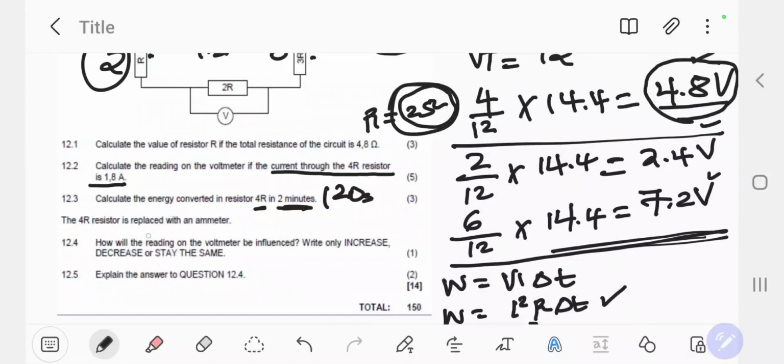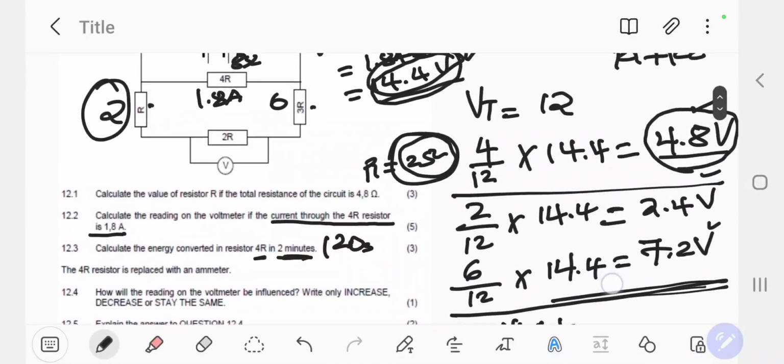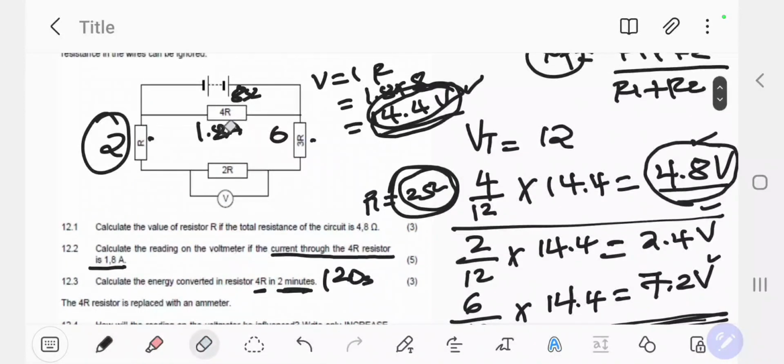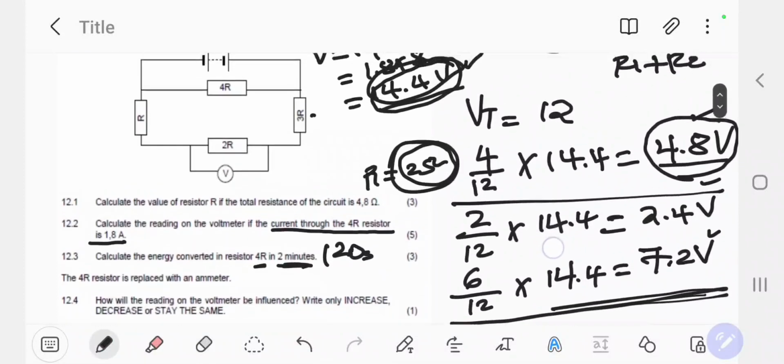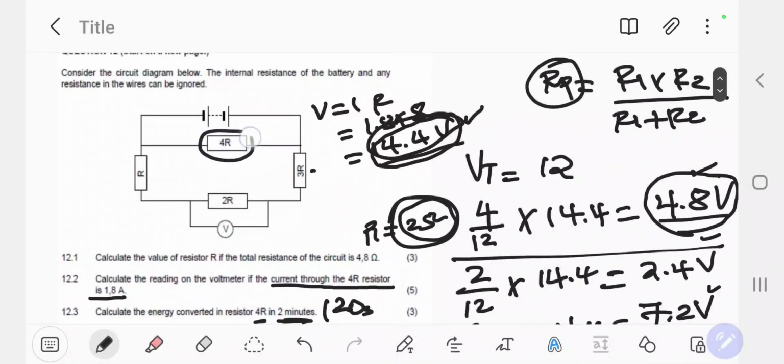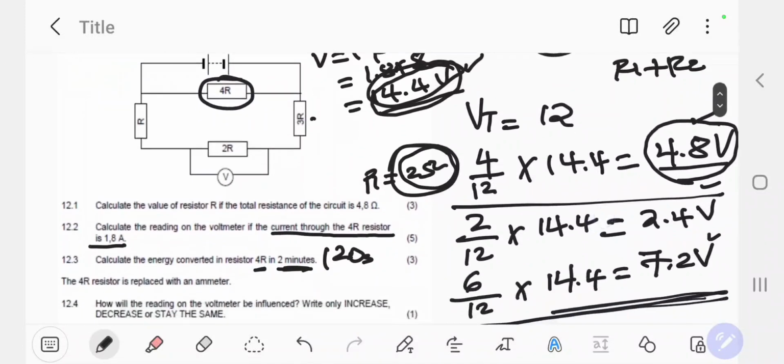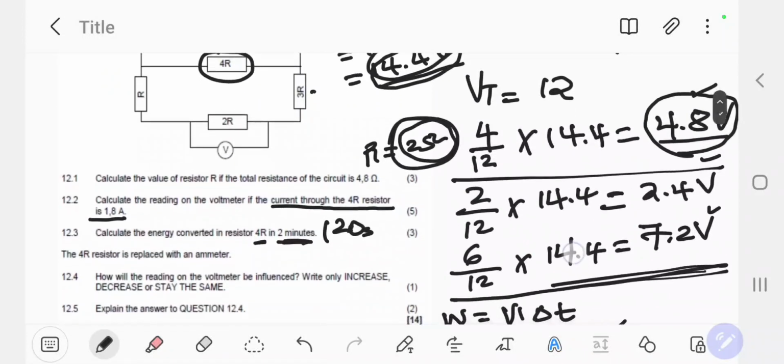The 4R resistor is replaced with an ammeter. Can we go to the 4R resistor? It is now replaced with an ammeter. What do we know, guys, about ammeters? We know that an ammeter is an electrical device that measures current.